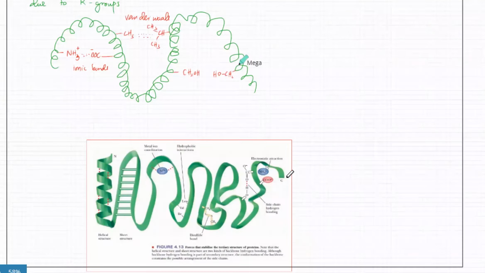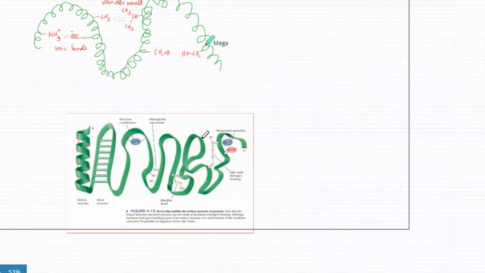The end result is that the long thread you thought was a straight chain is not straight. It's really coiled up and folded in on itself, and one part of the chain is bonded to another part of the chain. So it's all jumbled up. It's a globular protein, and they're all bonded to each other in some way. So that's your tertiary structure.